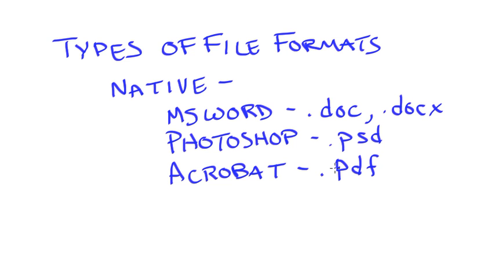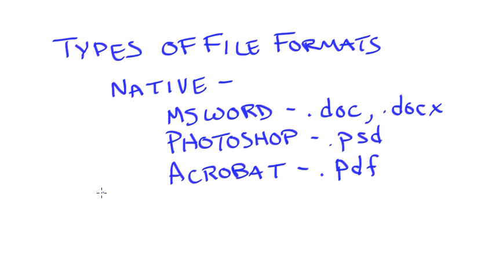Now there are many file formats that are not native formats, meaning that they're not unique to a particular application. They are shared amongst many. They were developed not as a result of a particular application, but for a particular use. And we're going to get into a number of those because those quite often are the graphic file formats.